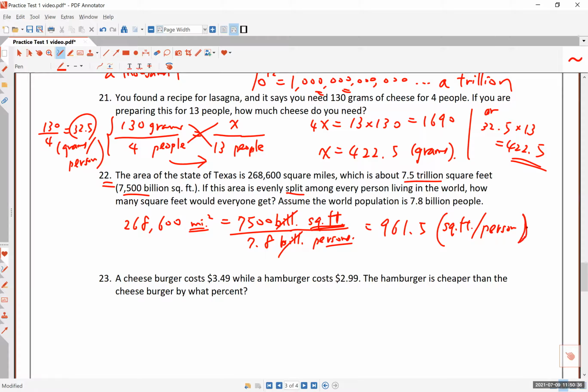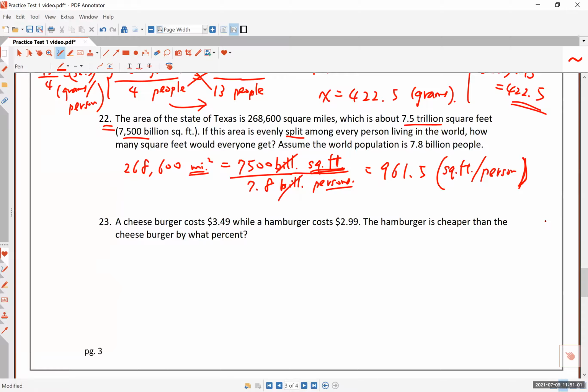And so the units are correct, and that is the right answer. You can stop and think about this. The whole world can be squeezed into the state of Texas, and each person can still have like 1,000 square feet. Of course, most of Texas is uninhabitable, so this doesn't make sense, but this tells you how big the state of Texas really is.